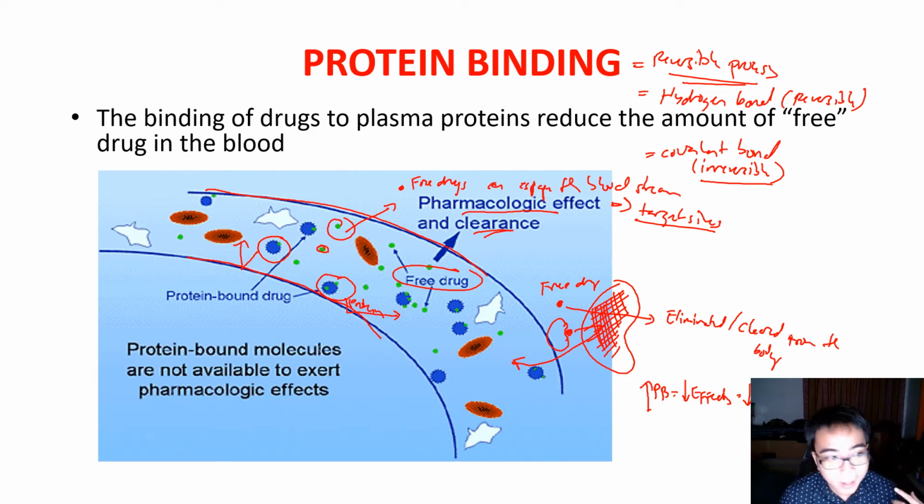Okay? Pero in terms of drug and protein in the bloodstream, oftentimes, class, reversible naman yung process na yon. So, ibig sabihin, in due time, yung mga bound drugs, marirelease din yan. Okay? Kumbaga, mag-aantay nga lang tayo ng konti for the drugs to be released back as free drugs in bloodstream.